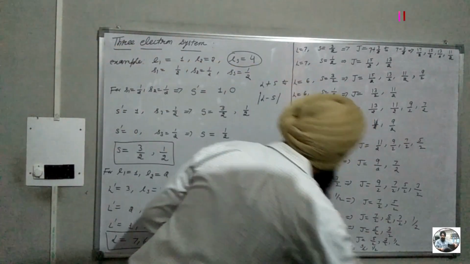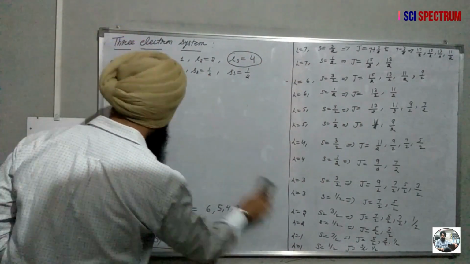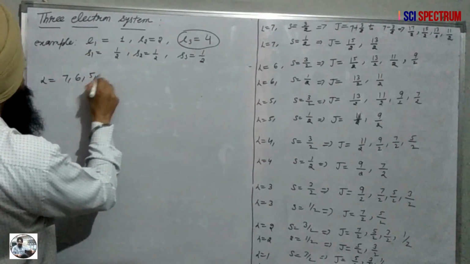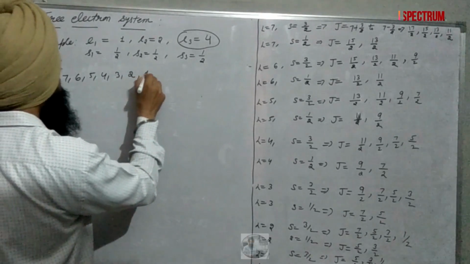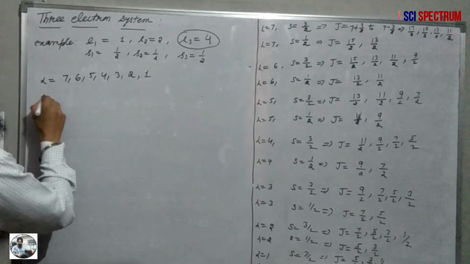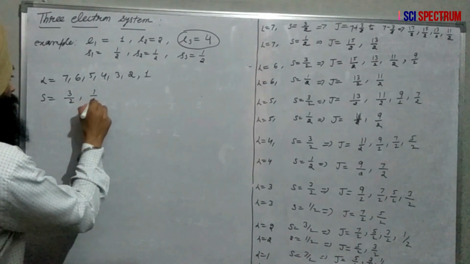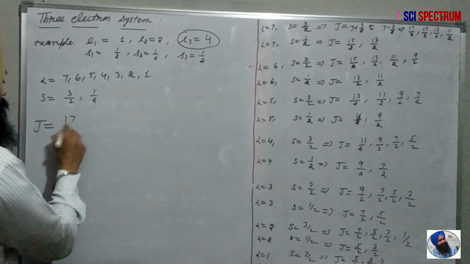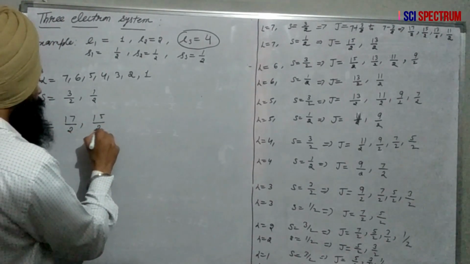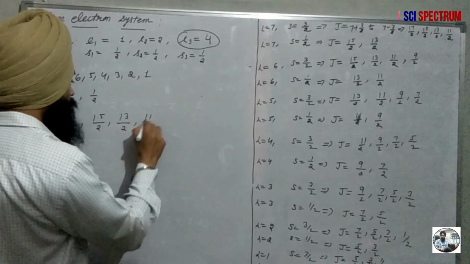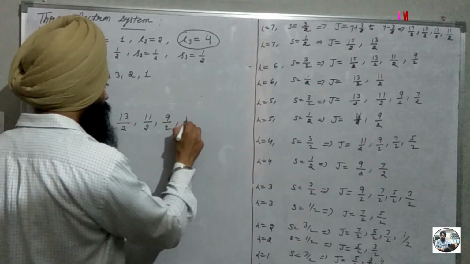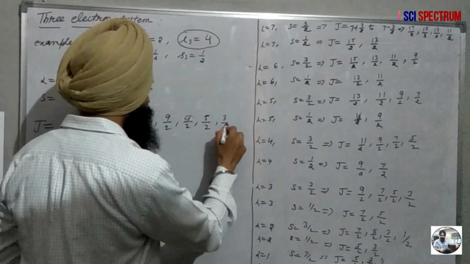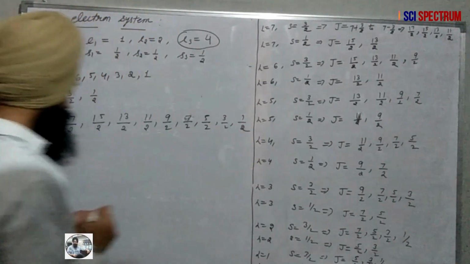We can combine all these values here. So the L values, the S values 3 by 2, 1 by 2, and the final J values are 17 by 2, 15 by 2, 13 by 2, 11 by 2, 9, 7, 5, 3, 1.